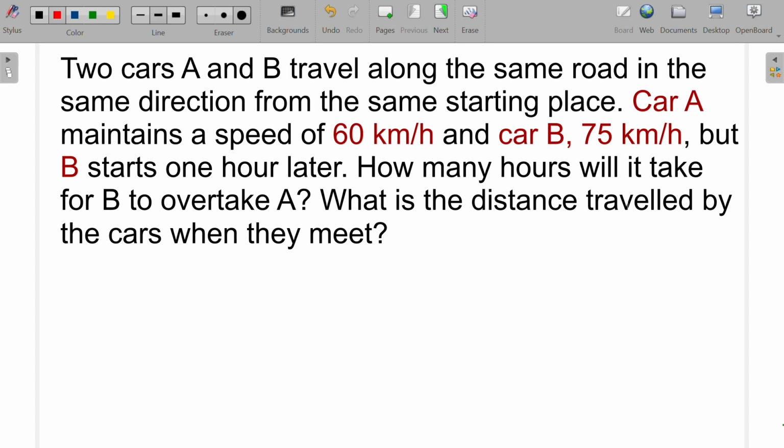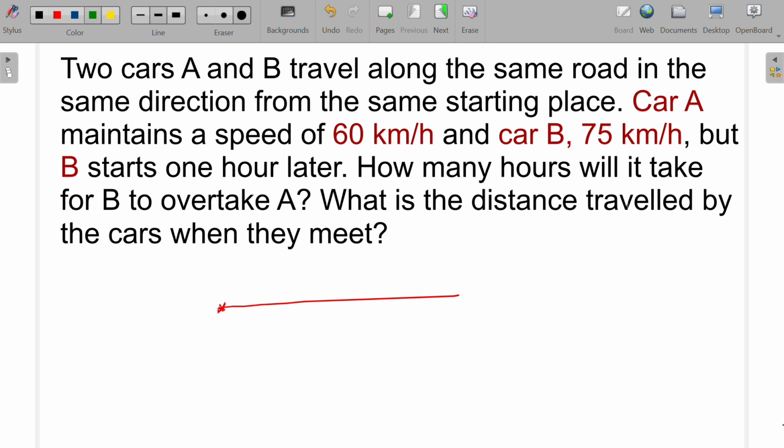So we're given the information and we are told to find how many hours it will take for B to overtake A. So let's start by visualizing what is happening here. Let's use a diagram to understand what is happening. So let's say we have a road. That's the road we have. And then our starting point is that one.